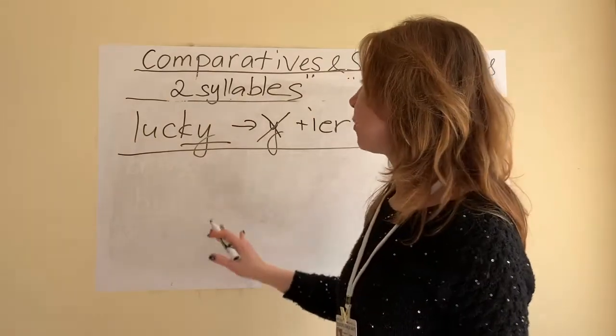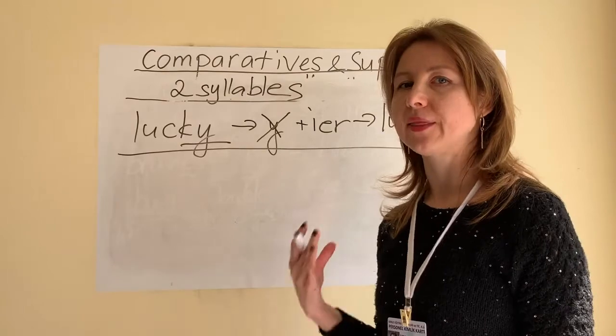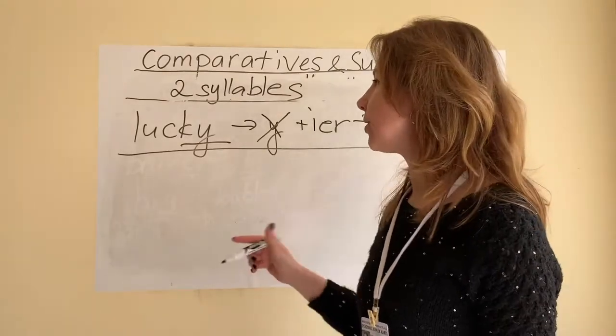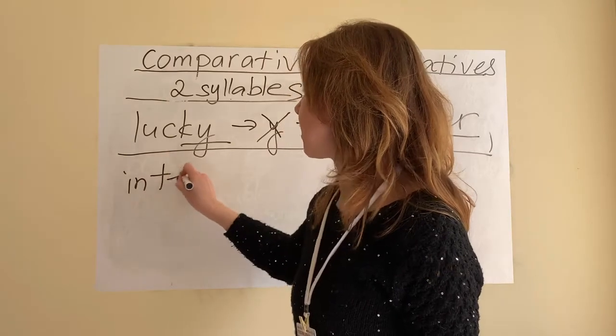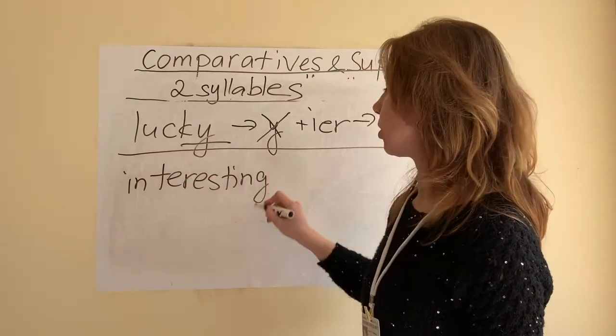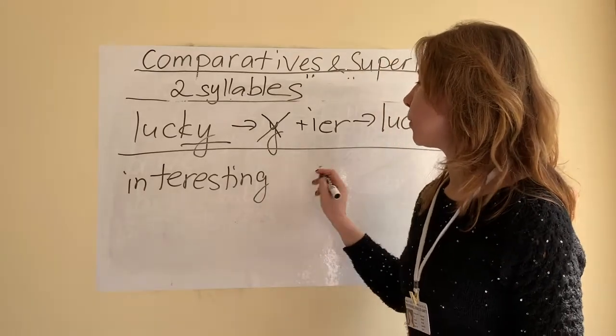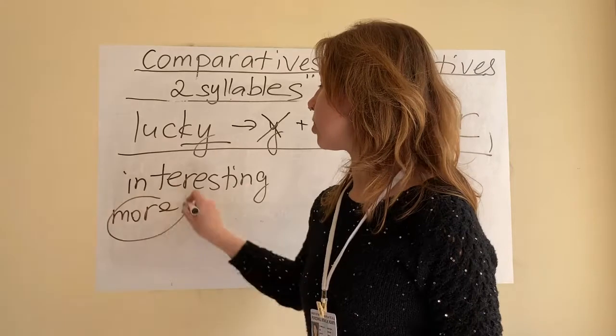If we have a two syllable adjective and the last letter is not Y, like in the word interesting, interesting is a long adjective. So we need to use the word more before this adjective.